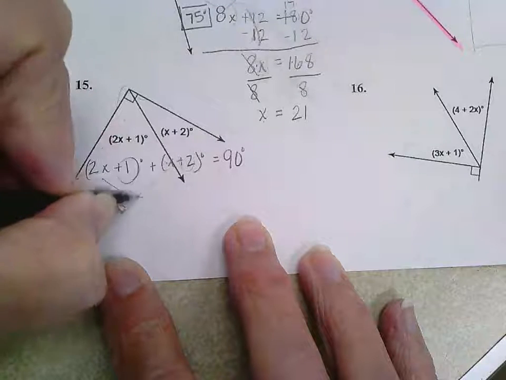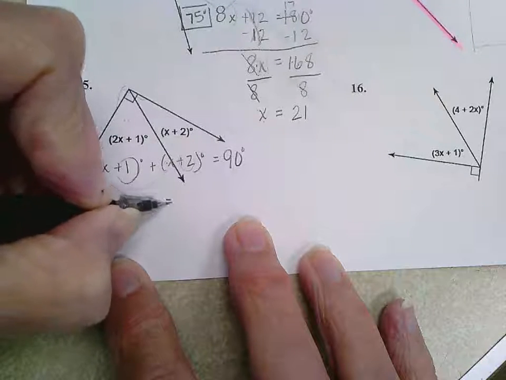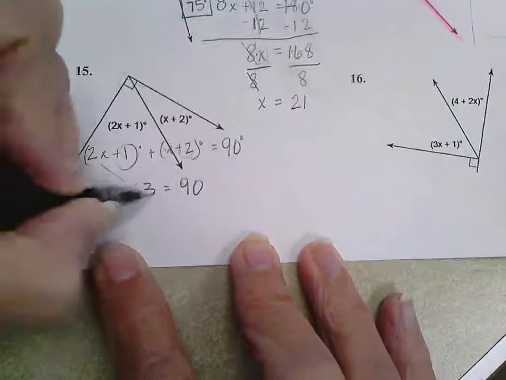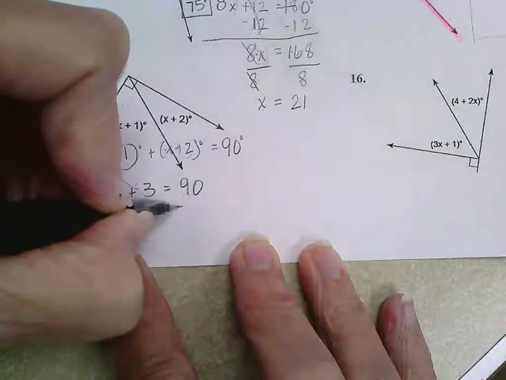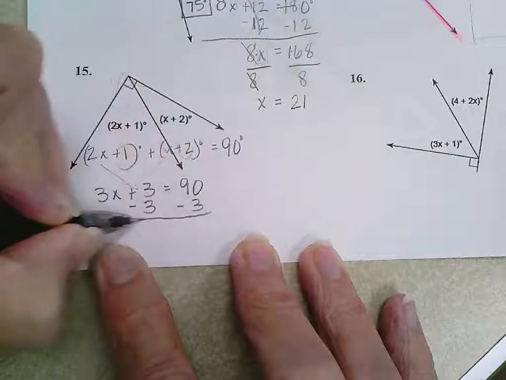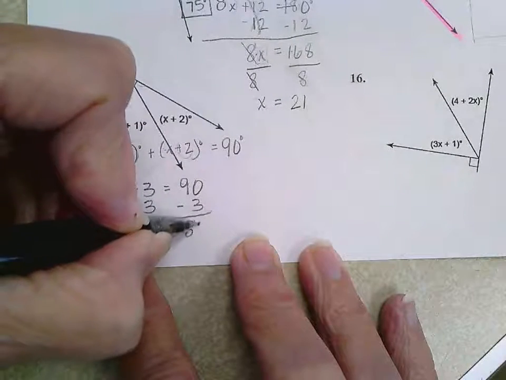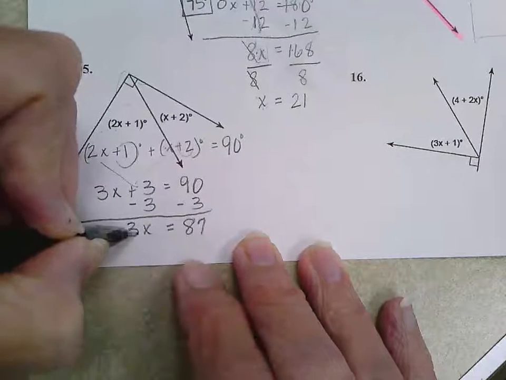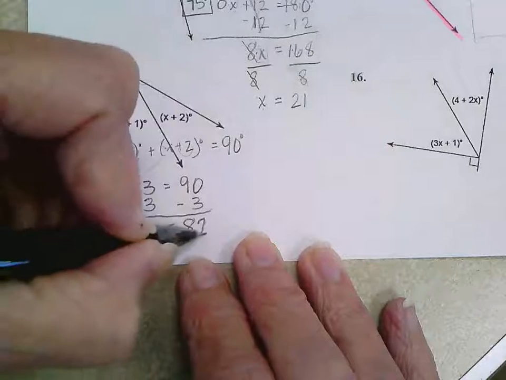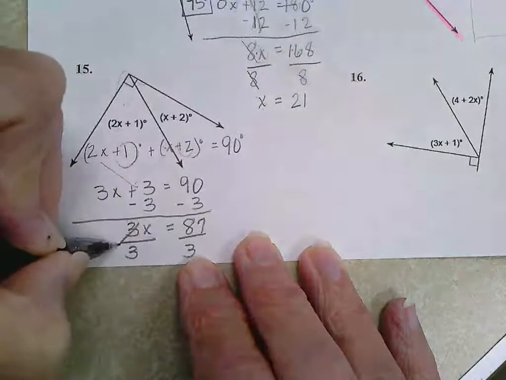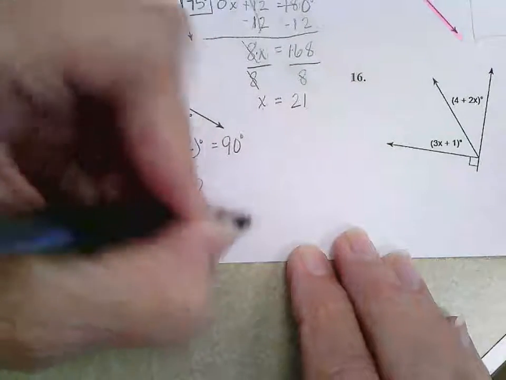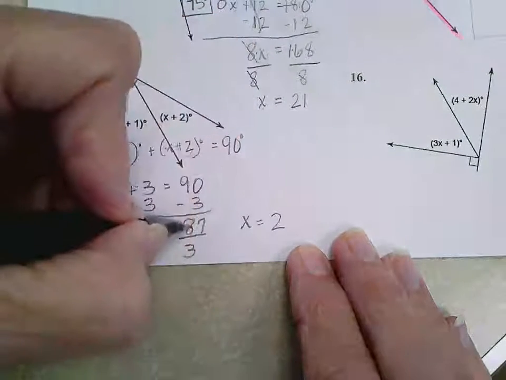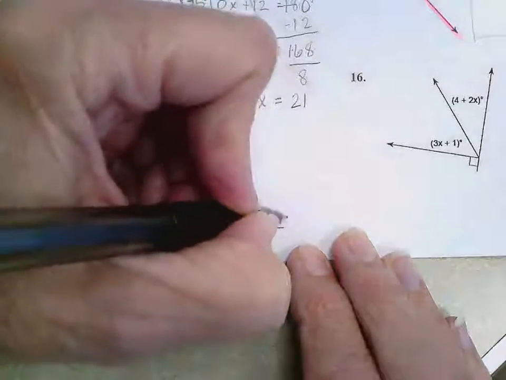Combine my 1 and my 2. That's going to be equal to 90. Subtract 3 from each side. 3x equals 87. Divide both sides by 3. And I'm going to get that x is equal to 29.